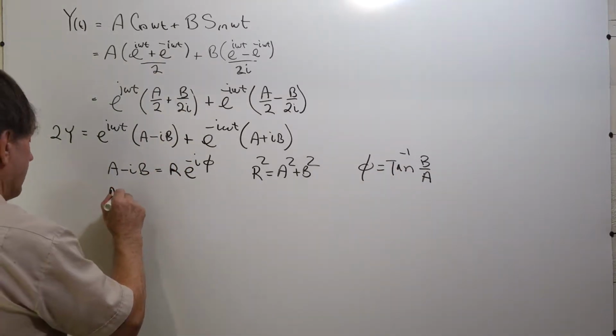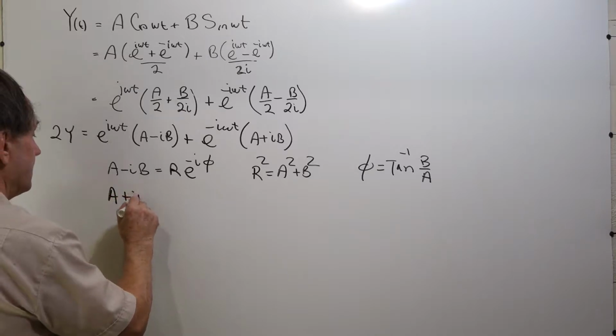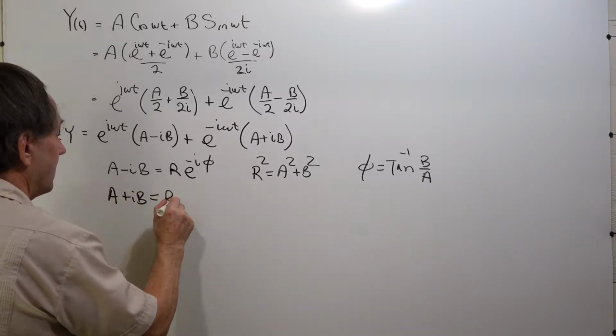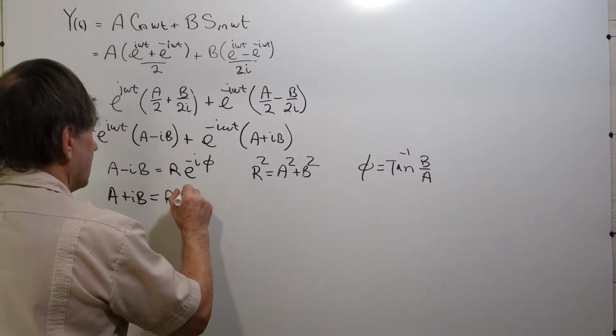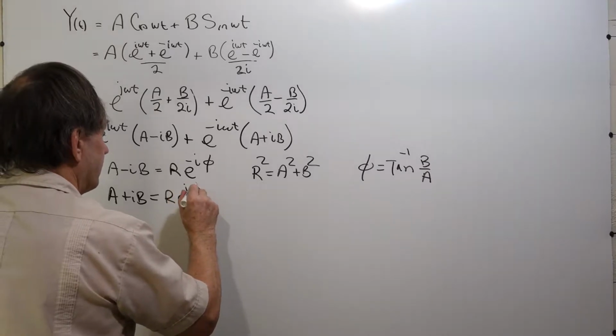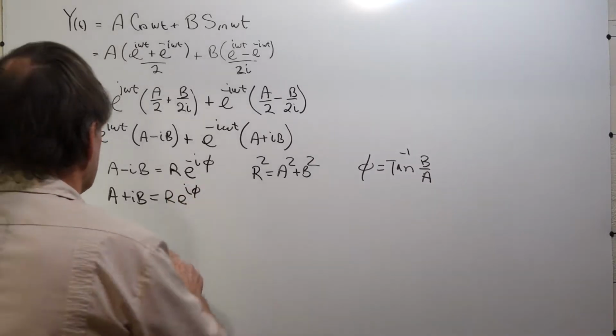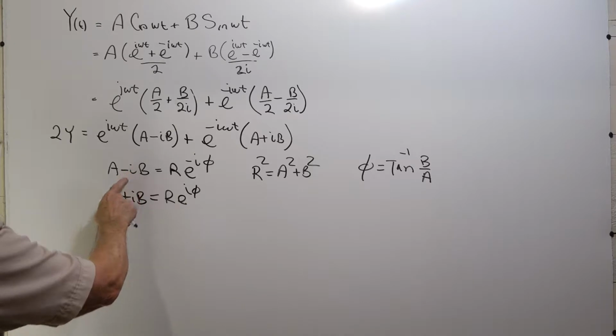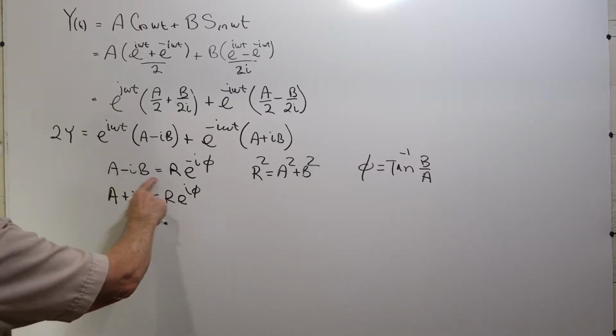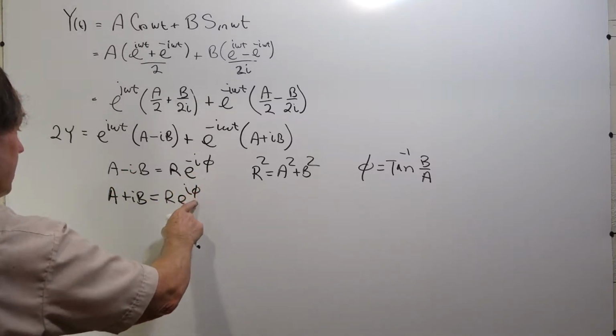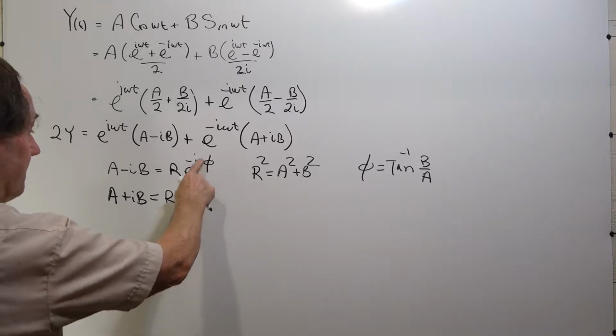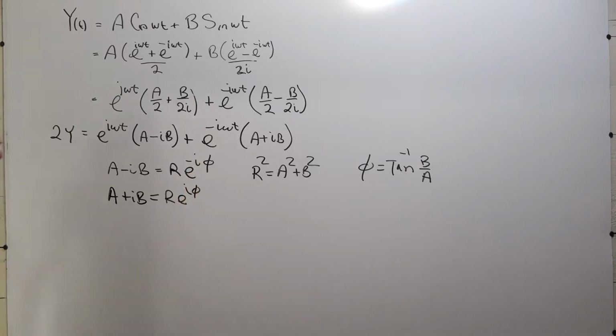Then a plus jb will be R e to the positive j phi, because these are just complex conjugates. If this is a minus phi, the conjugate will be the opposite sign, plus phi.